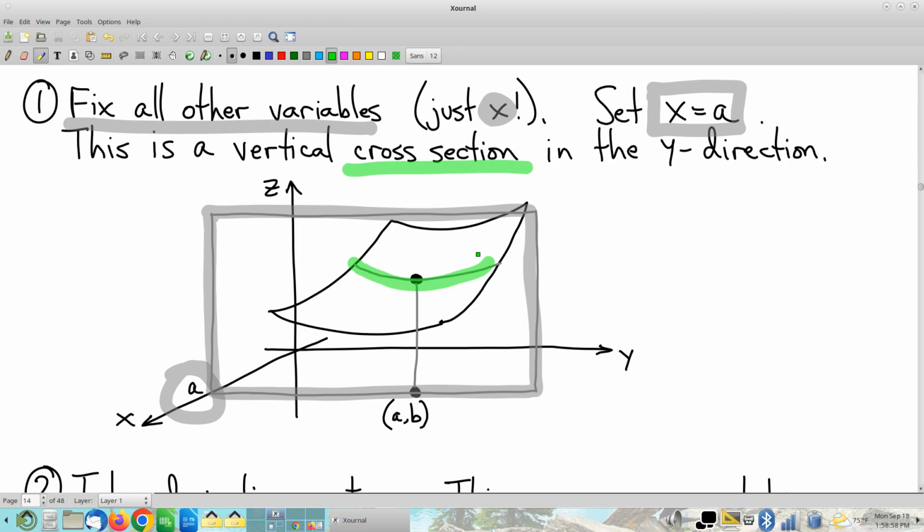And notice, by the way, because x is constant, that means that cross-section points in the y direction. By the way, really easy to mess this up. It's so easy to get confused about x equals a, and then because x is what you just talked about, you can get confused and think that you're pointing in the x direction.